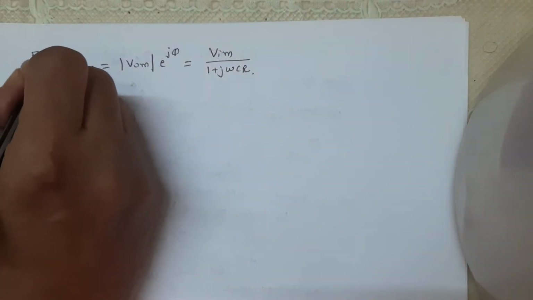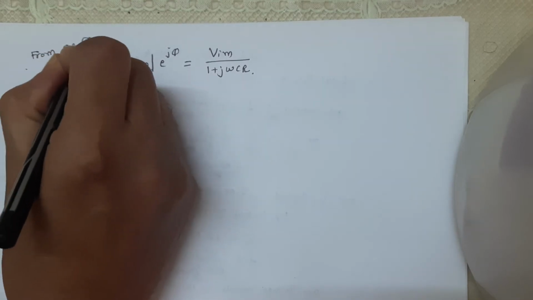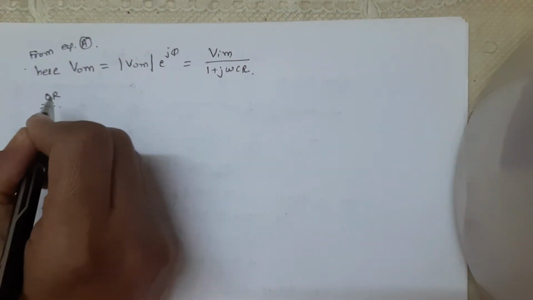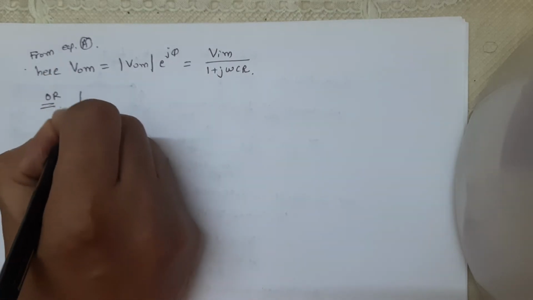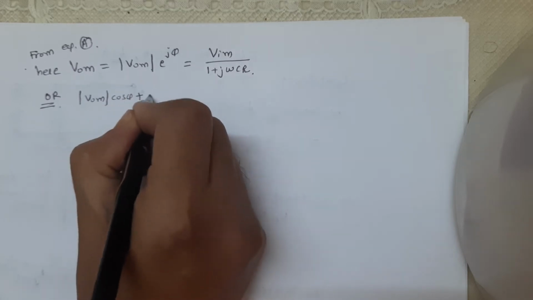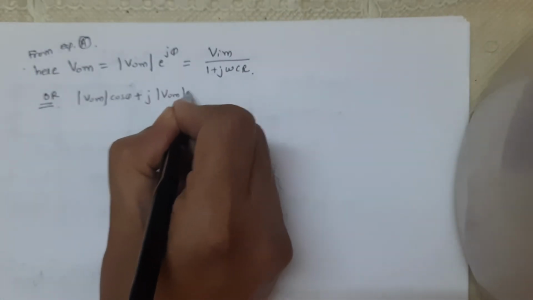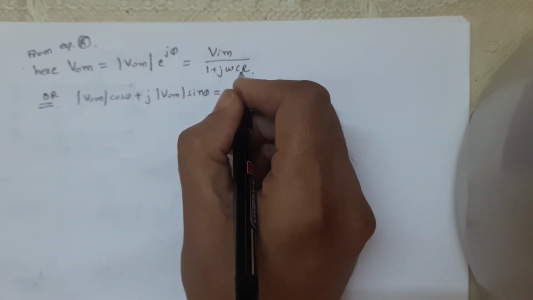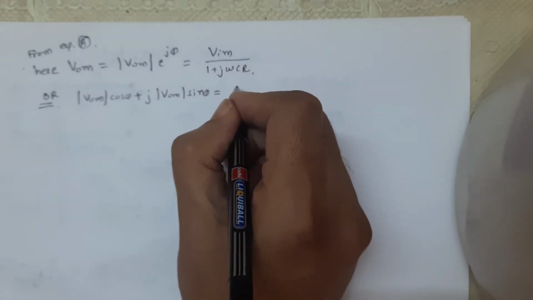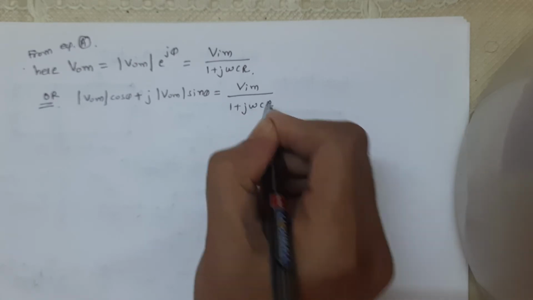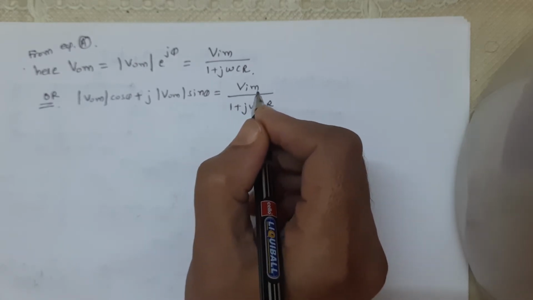From equation A, Vom is equal to this, or we can also write it in terms of real part and imaginary part: modulus of Vom cos theta plus j modulus of Vom sin theta is equal to Vim upon 1 plus j omega CR.